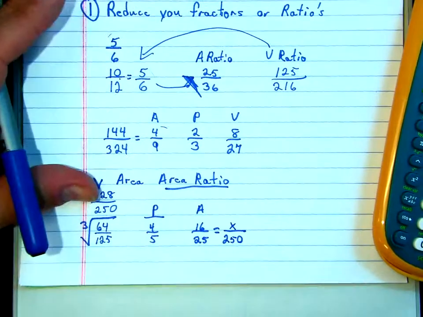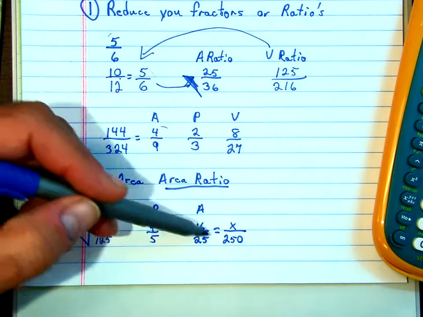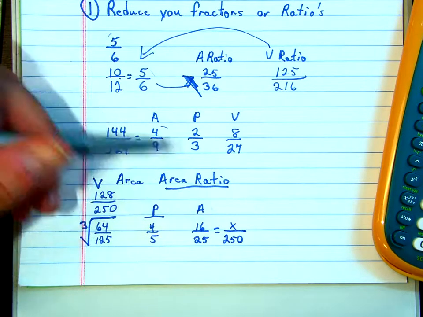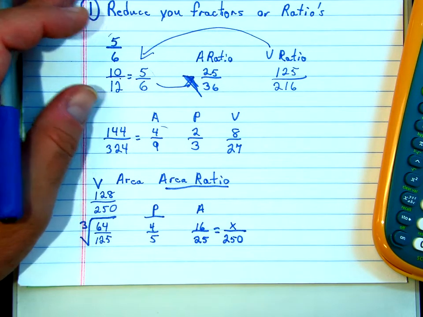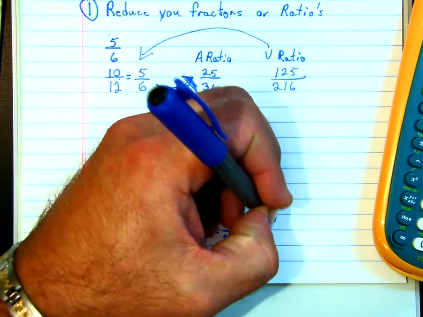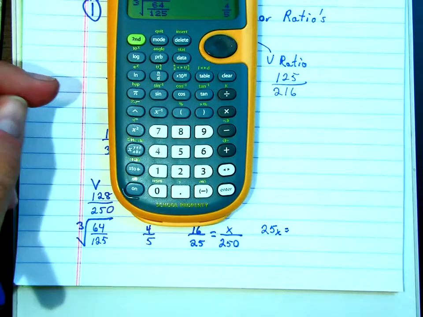Now I do my cross multiplying and solving. So getting to the correct ratio, then setting up a proportion, and cross multiplying and solving is really, really important. Okay, so now I do the cross multiplication.